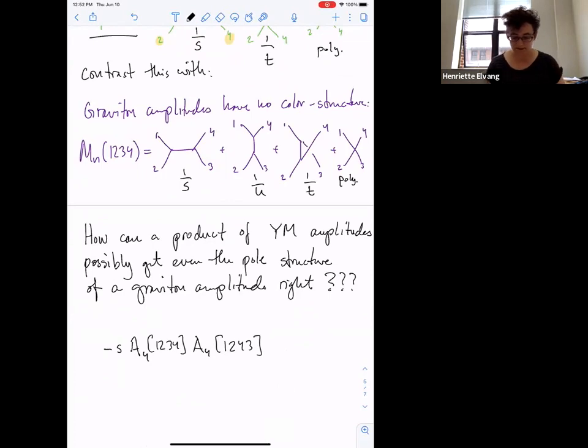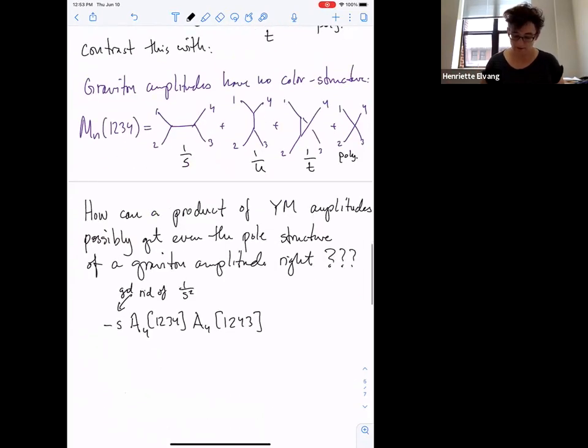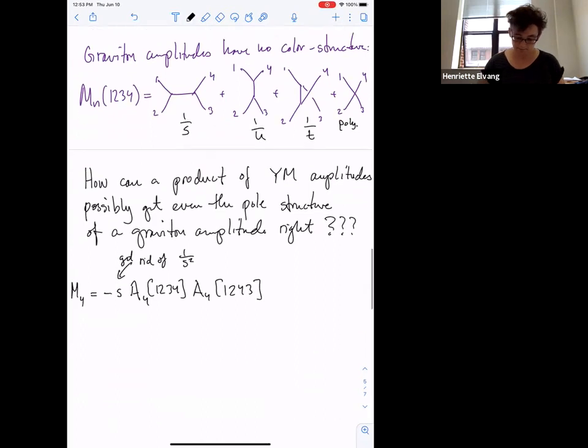I'll multiply by S, and this suffices to get rid of the double pole in S. And we already generated automatically a T pole and a U pole, and then maybe some local stuff. So then the question is, does this actually work to give the 4-particle graviton amplitude?